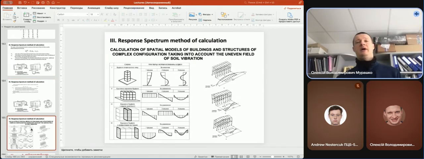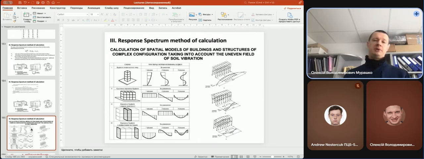Also, we have additional effects which we have to take into consideration, not only the torsional moment, but also the form of vibration of the building, which is caused by its configuration.